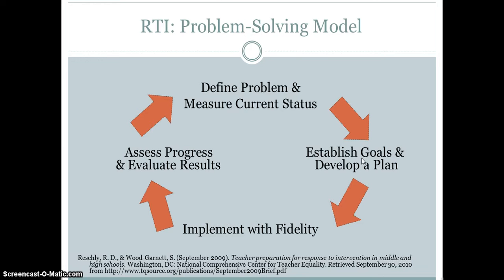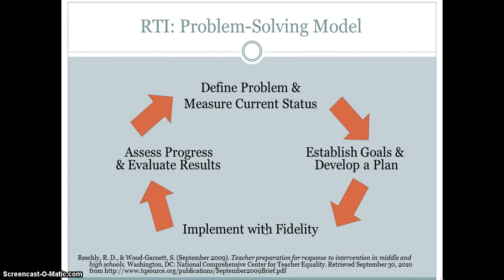Not just, you need to start turning in your homework, but this is where you really get into why a student isn't turning it in. Are they staying up too late? What is going to be a goal to work on that? Is it that their home life is pretty difficult and they're not able to do work at home? What kind of goals, and how are we going to set up a plan to work with that? So you get a very specific plan.